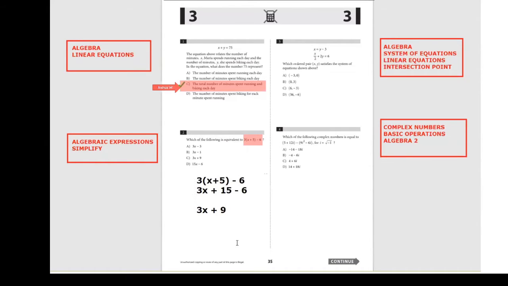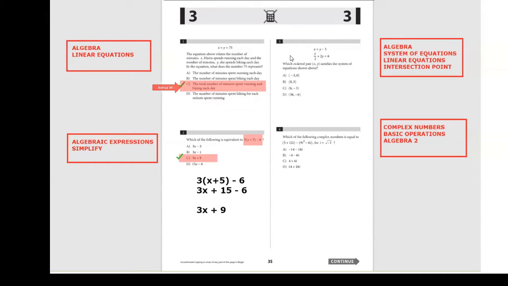And I'm quite sure that she has the correct answer based on the algebra that I wrote on the board, because 15 minus 6 is 9.